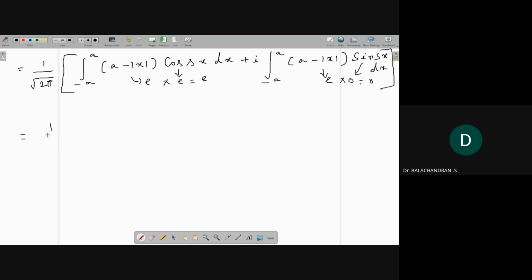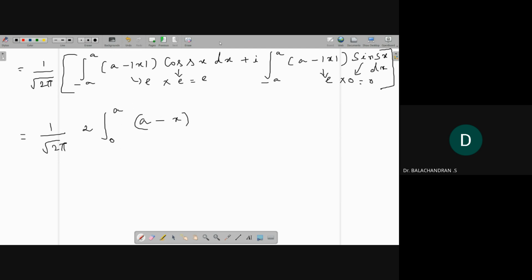Now you can write 1 by root 2 pi times 2 times integral 0 to a, because this is an even function. In this interval, because the values are only positive, you can directly write mod x is equal to x.